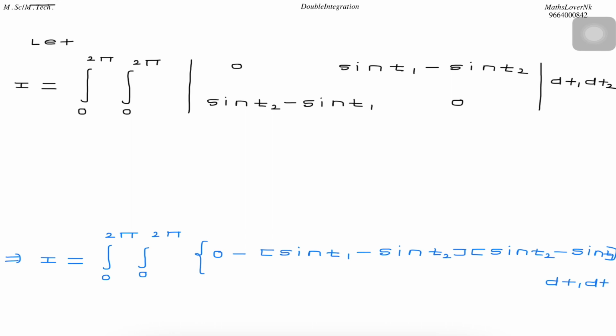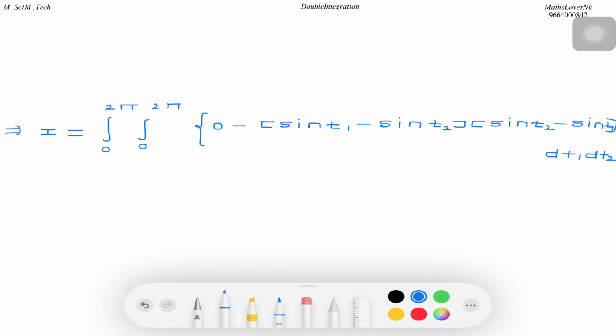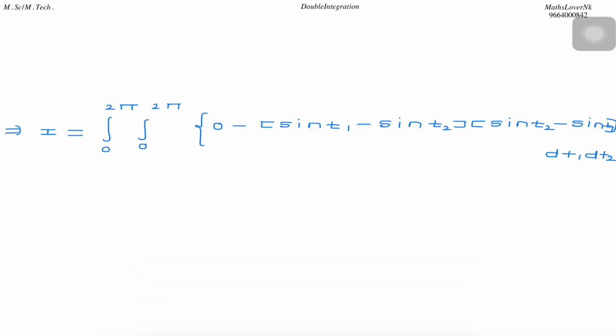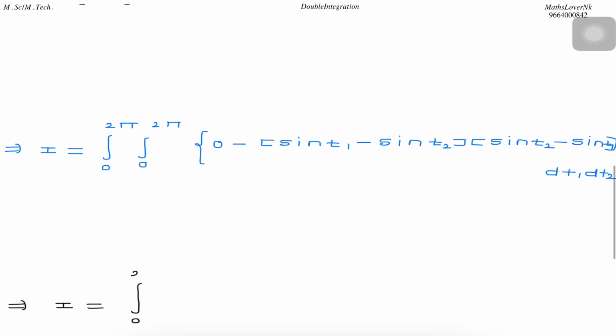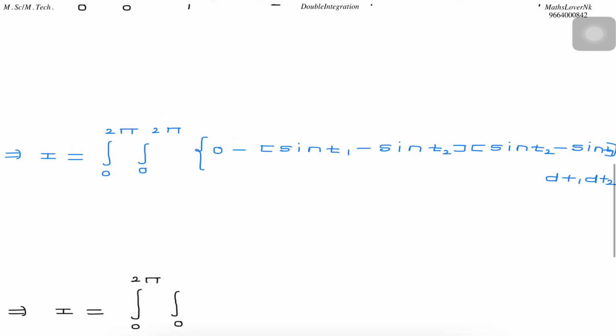Now we solve and get I is equal to the integral from 0 to 2π and again 0 to 2π. Take out a minus as common, minus minus plus, it becomes (sin t1 minus sin t2) into (sin t1 minus sin t2).